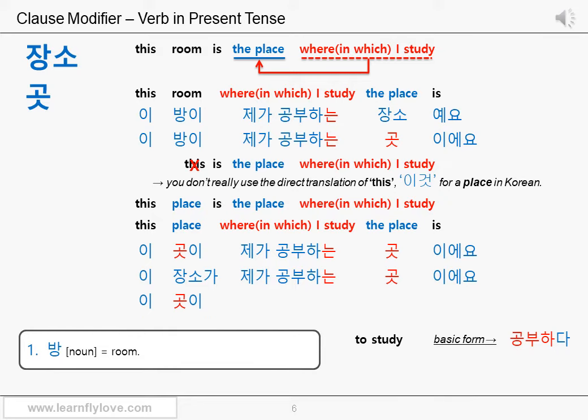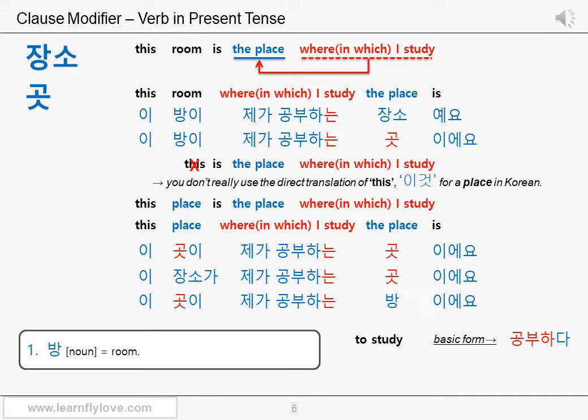Or, this place, 이곳이, I study, 제가 공부하는, the room, 방, is, 이에요. 이곳이 제가 공부하는 방이에요. Yes, you can replace the modified representative noun, the place, with a different noun, the room.